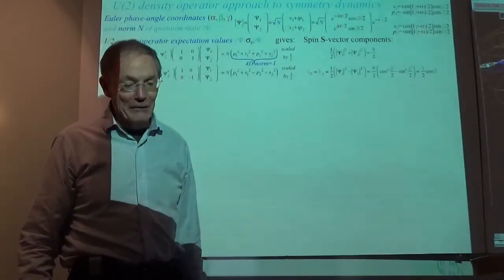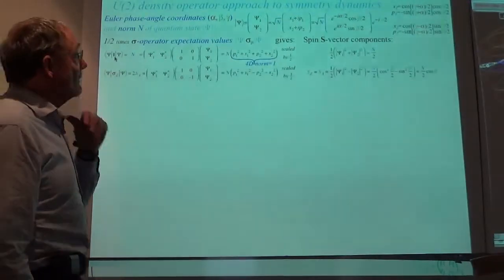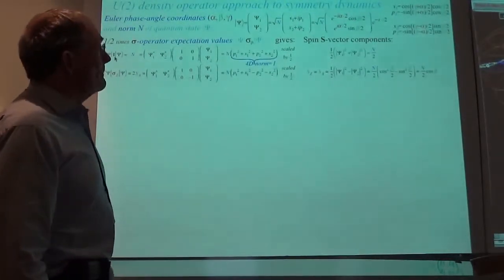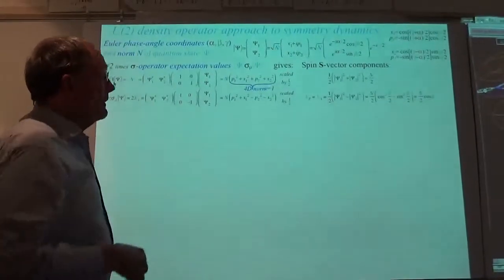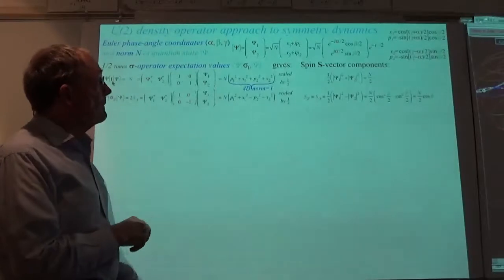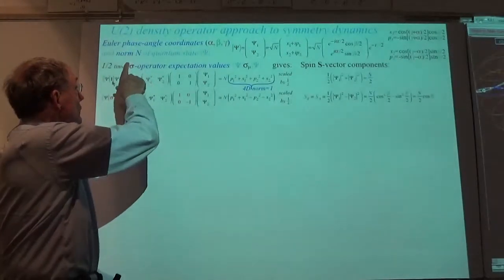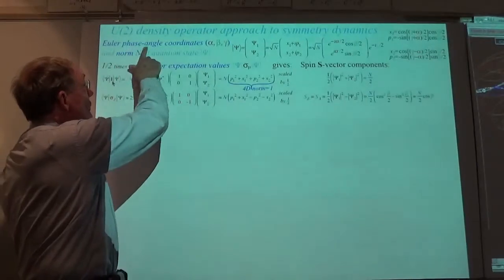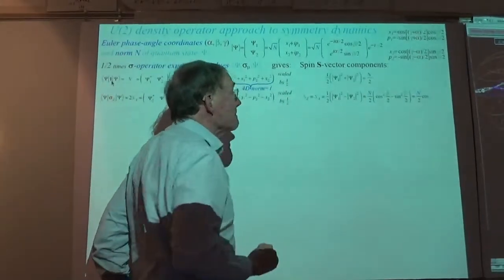Enough playing around. It's time for Fano's density matrix theory, which has become much more elegant by this group theory than what it was when it was first discovered. But in any case, the idea is that we have these Euler phase angle coordinates, alpha, beta, gamma, for a state.